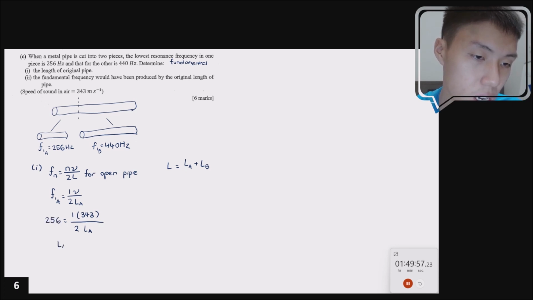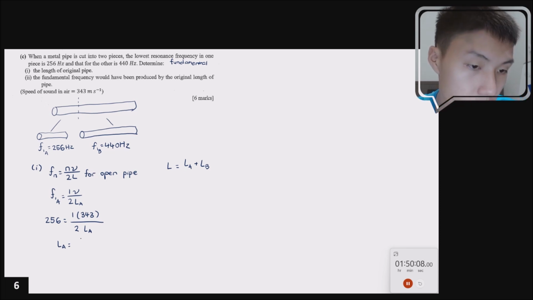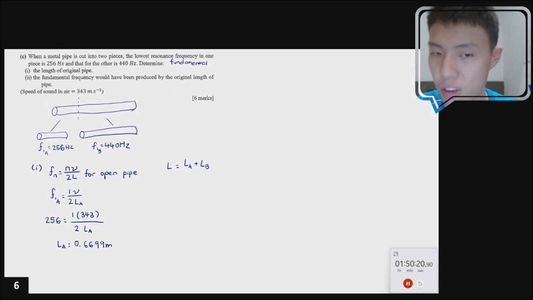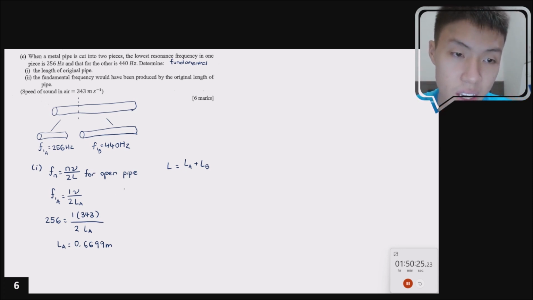From here, you can find the length of pipe A to be equal to 0.6699. Let's leave a few more decimal places because later we need to add them up. This is still an intermediate step, since we still have to take LA and LB, so let's leave a few more decimal places. I think that's fine.